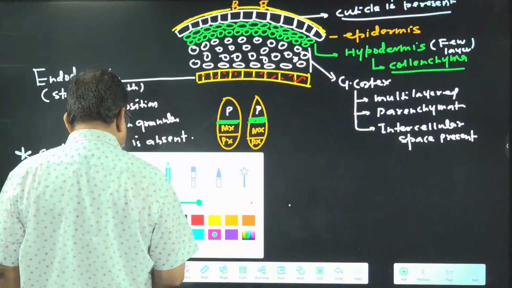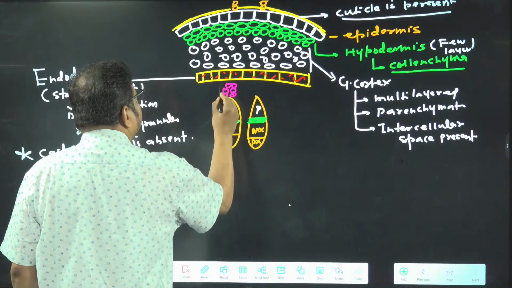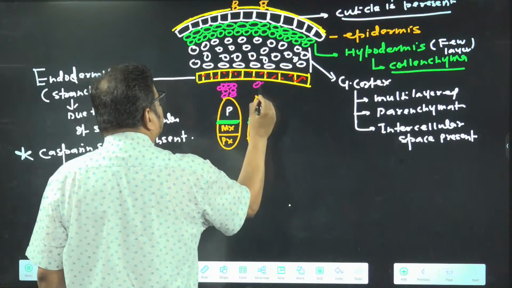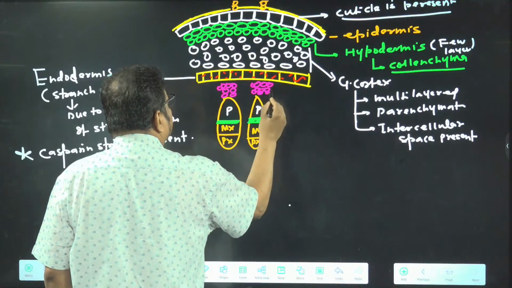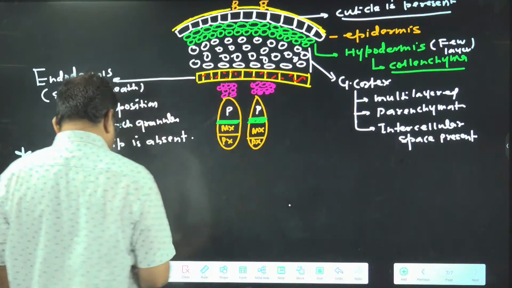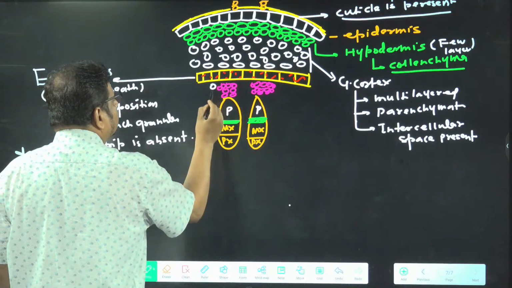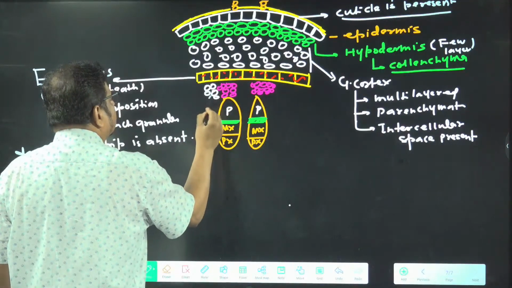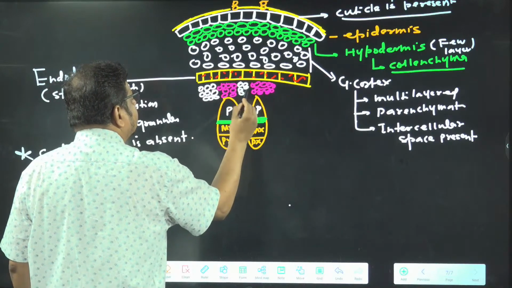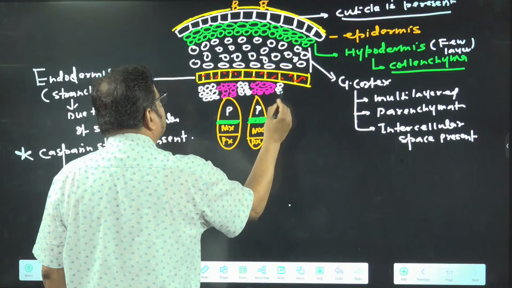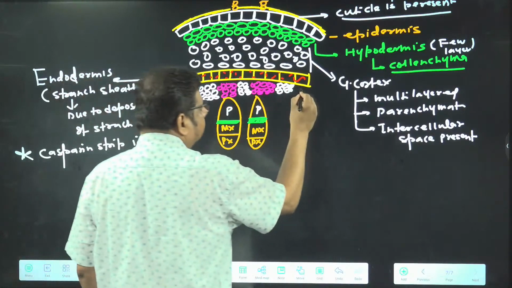First let me draw this. Just above the vascular bundle, above the phloem here, a sclerenchymatous band of pericycle is present. So what I want to say, it is pericycle.